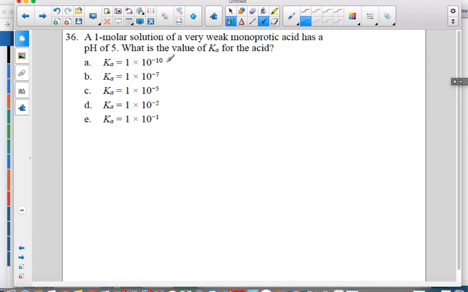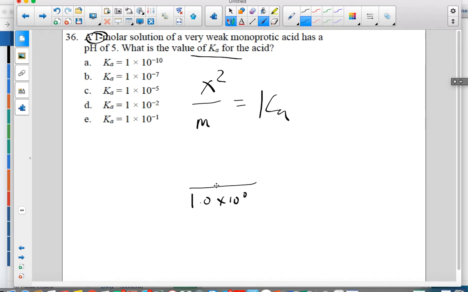Next one. What is the Ka of the acid? X squared over molarity gives Ka. Kind of feel like I did this one in the other video. A little redundant, but it's the same idea. It's a 1 molar solution, so I'm going to go 1.0 times 10 to the 0, just because scientific notation is the way to go. X squared, who doesn't love it? A pH of 5 automatically means 1.0 times 10 to the negative fifth. So then I've got to square that.